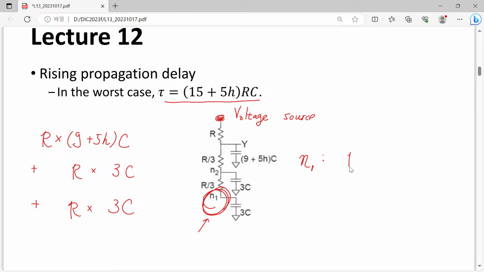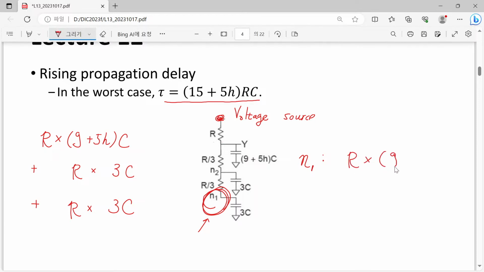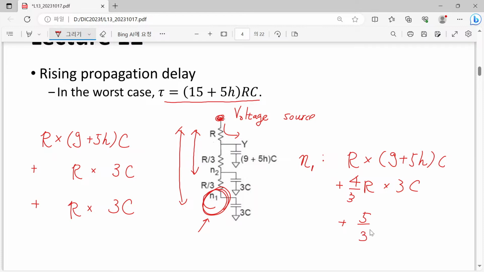Our calculation should be R times 9 plus 5HC corresponding to this route, and we must consider the sum of R and 1/3 R times 3C, and also this sum, 5/3 R times 3C.